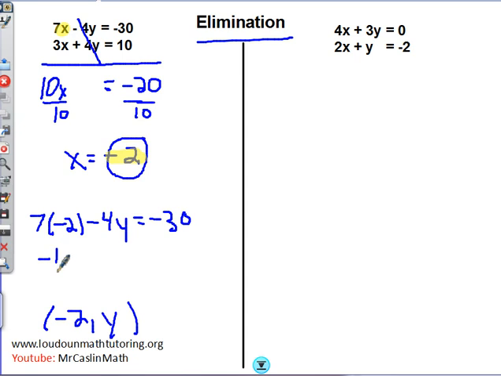So now you just have an algebra equation to get through. Negative 14 minus 4y is equal to negative 30. This is a negative 14. To zero it out, you have to add 14 to both sides.